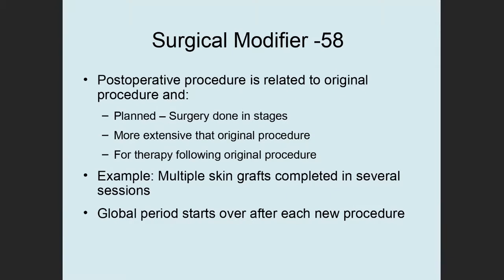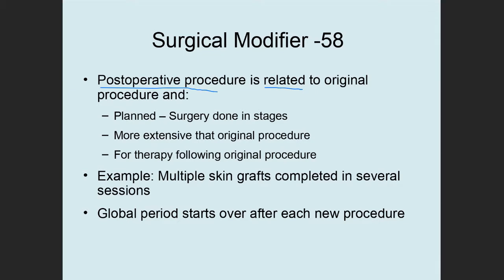First, let's talk about modifier 58. This is added to a surgical code. This is for a post-operative procedure, for a procedure that is related to the original procedure. It may be a procedure that was planned, staged, done in stages. It may be more extensive than the original procedure, or for therapy following an original procedure. An example is multiple skin grafts completed in several sessions.